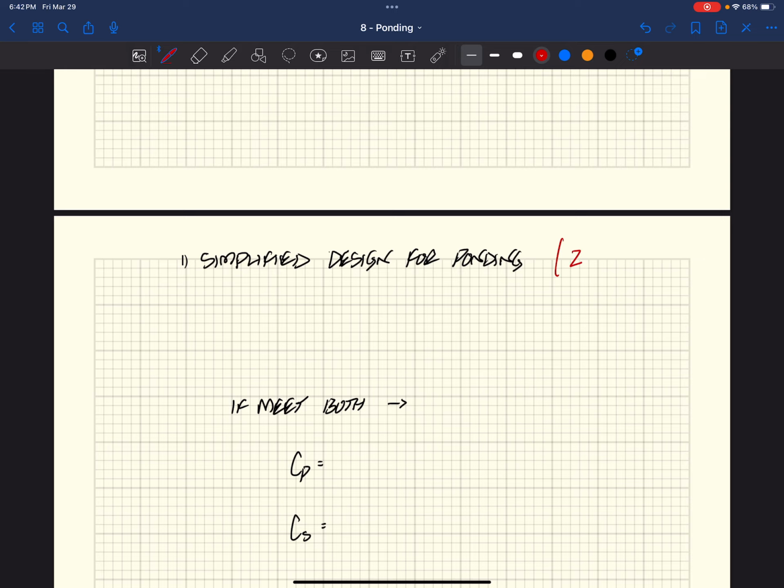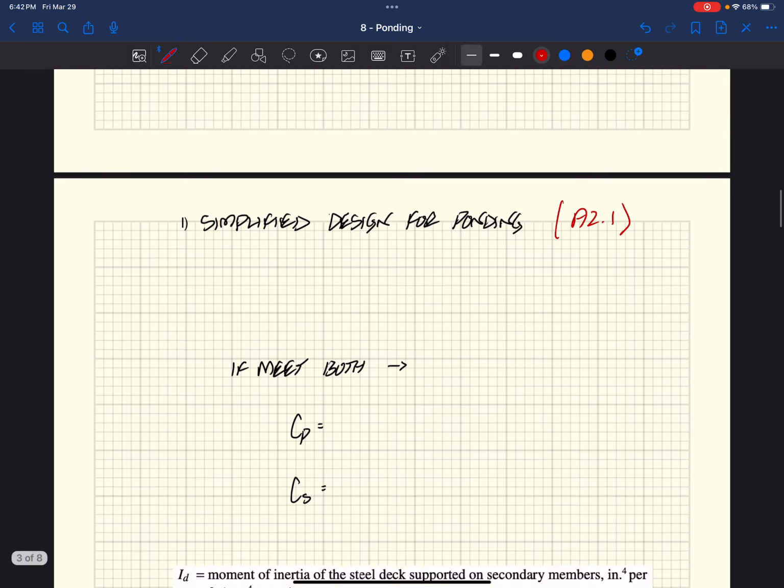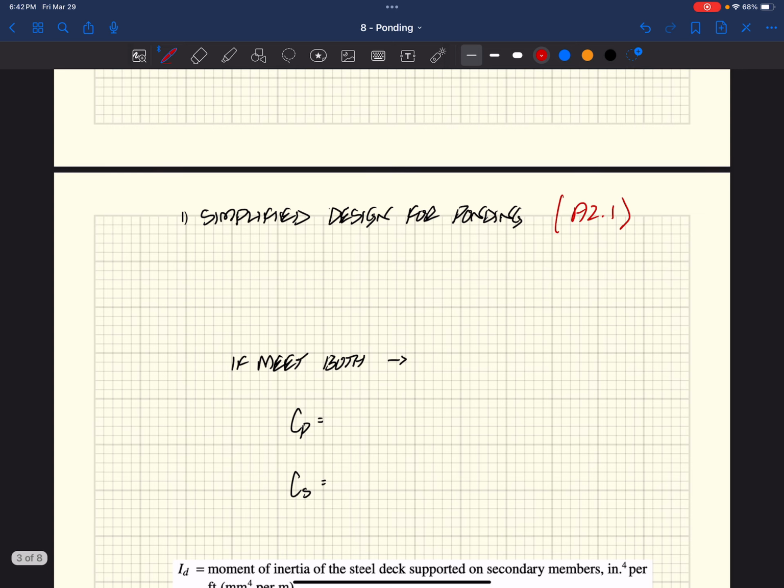This is A2.1, and they give us two relationships. They say CP plus 0.9 CS has to be less than or equal to 0.25. They also say that ID has to be greater than or equal to 25 times S to the fourth times 10 to the negative sixth.